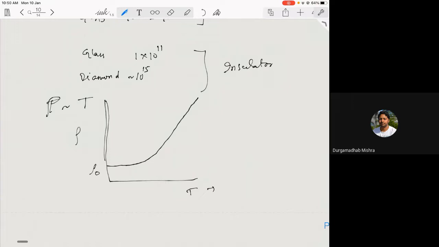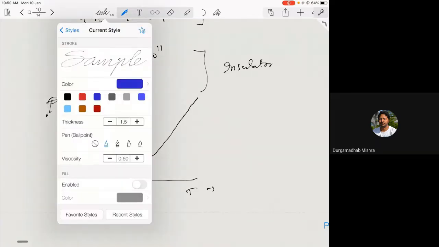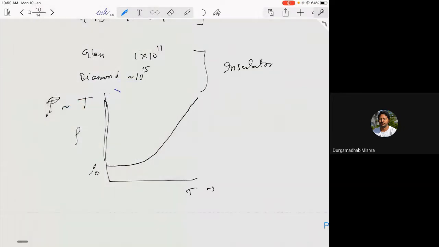We'll discuss a little more in detail tomorrow. Now if you take a semiconductor, it will be something like this. I don't have a place here, but let me plot here. This is an insulator. The insulator will be somewhere here, much higher than the semiconductor. It is not up to the scale, but it will be much higher.